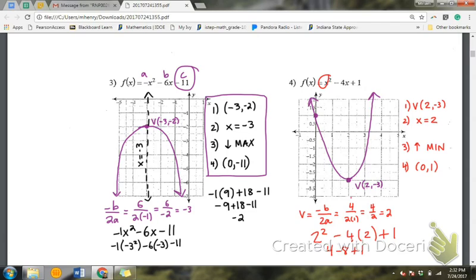Then we have our axis of symmetry, x equals 2. Okay.